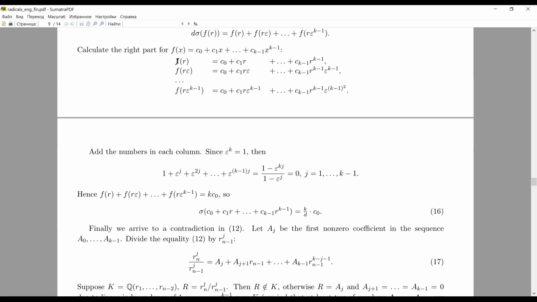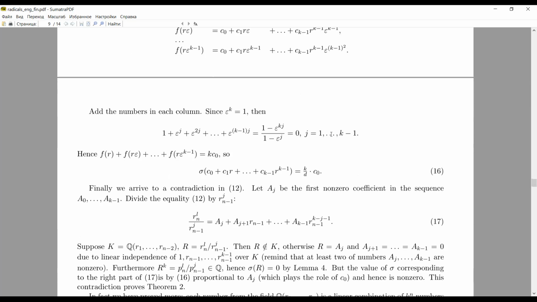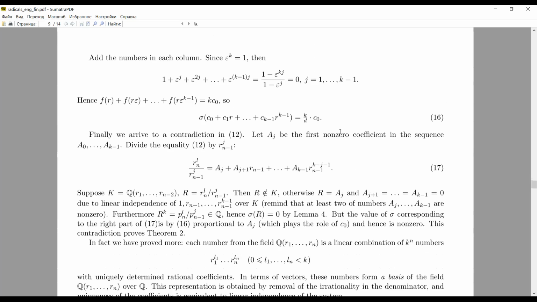It's trivial, and so we have the following equality 16. The sum of conjugates of every number of the following form, C0, C0 plus C1 r, etc., is proportional to C0, with some rational positive coefficient. And now we can finally arrive at a contradiction in 12.